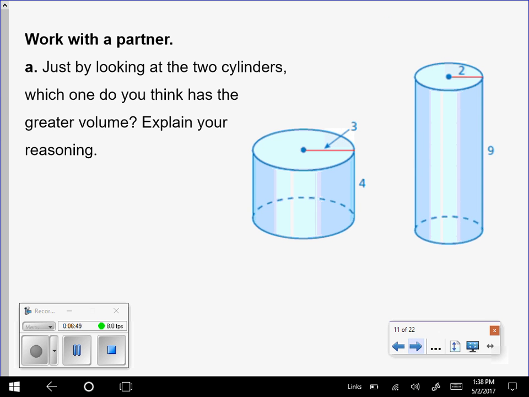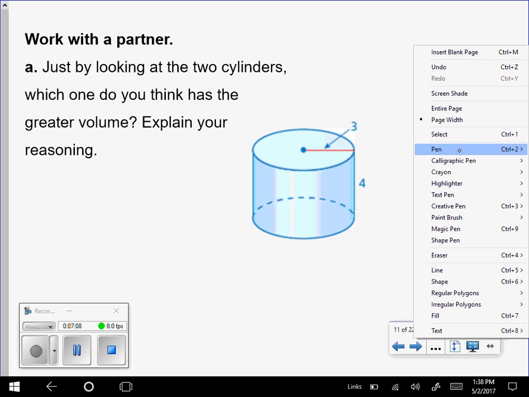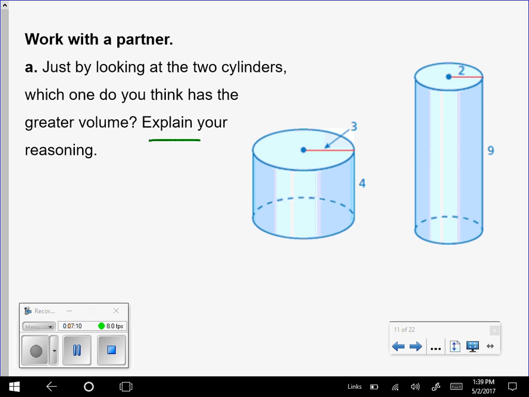If you look at these two cylinders here, just by looking, I want you to think for a second on your own and see, do you think that one of these has a greater volume than the other? Like it says, I would like you to definitely explain your reasoning if you think one is bigger than the other.